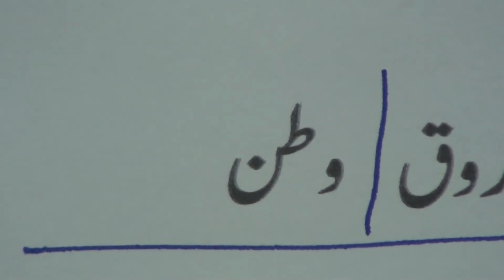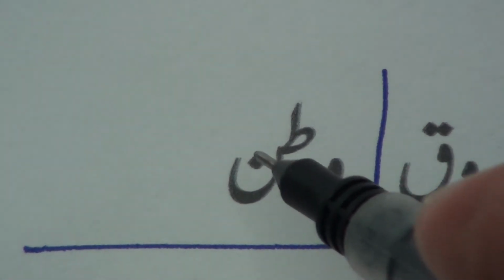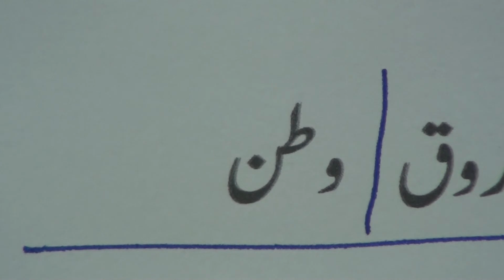Watan. When noon is at the end of a word, its shape remains unchanged. Vav, toy, noon, watan. Watan means country.